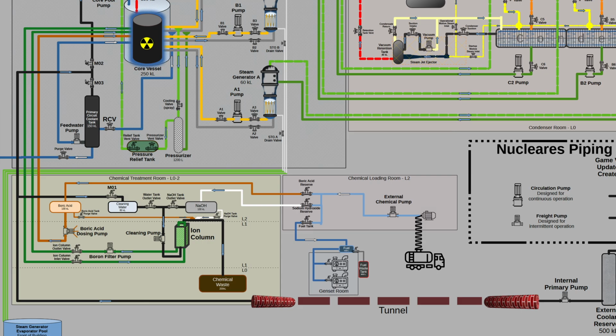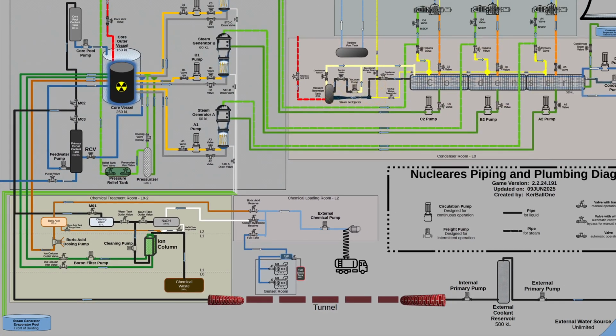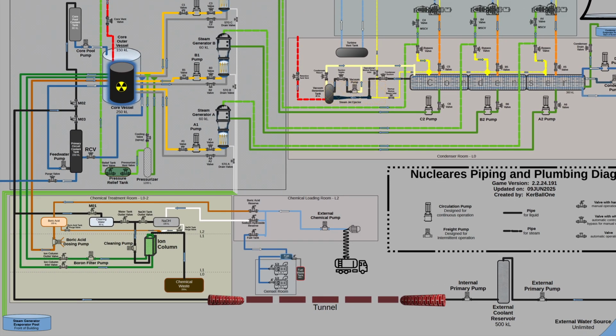Then all of the waste from the ion column comes out of the top and down and into the chemical waste, which can hold 200 kiloliters or KL, however you want to pronounce that.